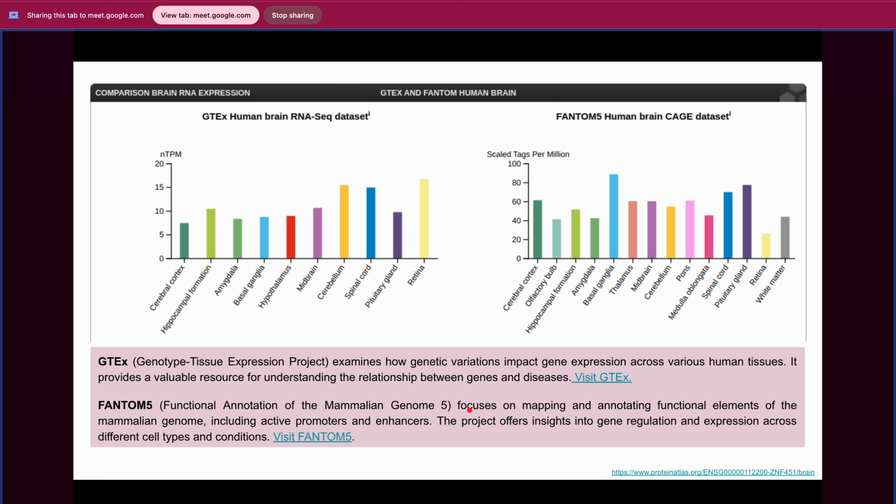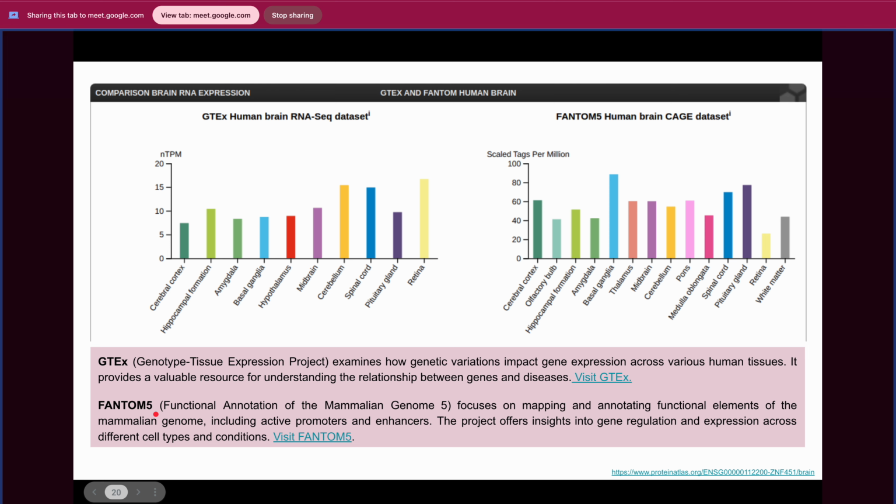Mostly it contains information about the normal genes, not the disease genes, although it might help you examine variations, because whenever you have sequence information, you can compare it with the GTEx genes to identify where the variations are present.